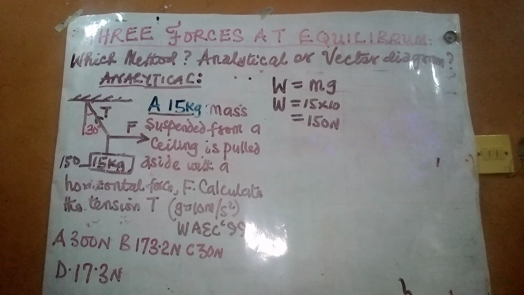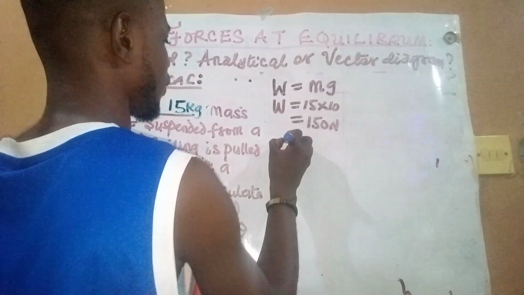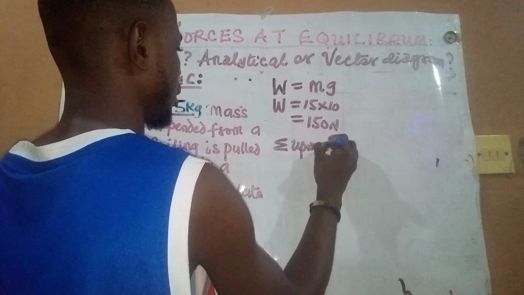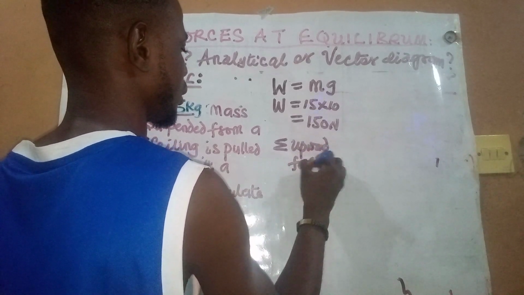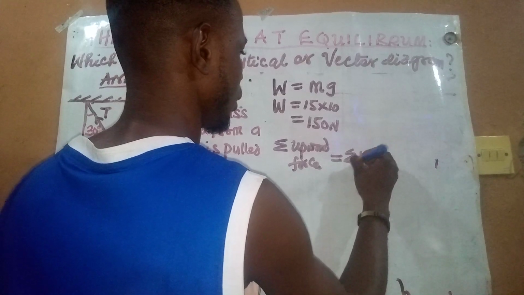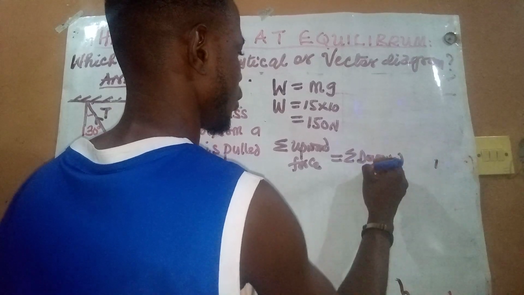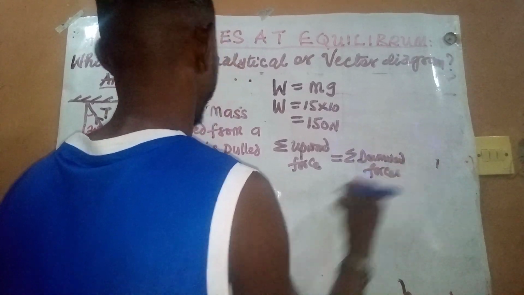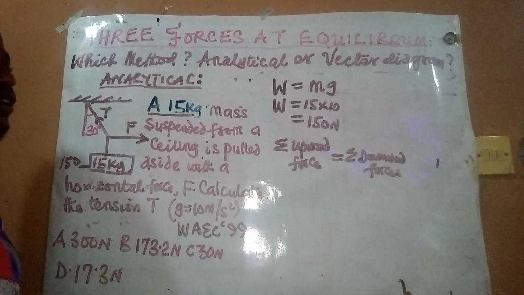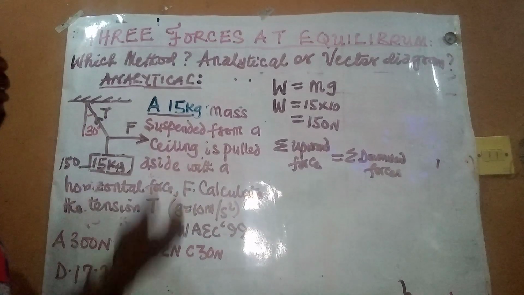We can now go ahead to resolve. Now, like I explained earlier, we know that the sum of upward forces is equal to the sum of downward forces. If you watched our last video, I explained how you can resolve forces vertically and horizontally.